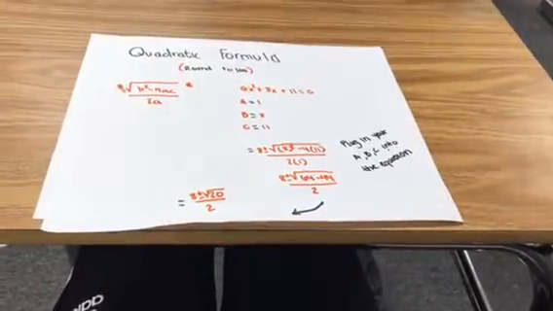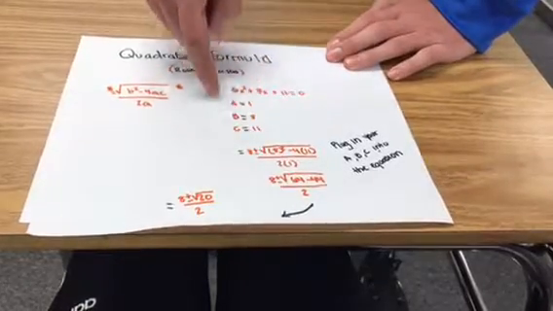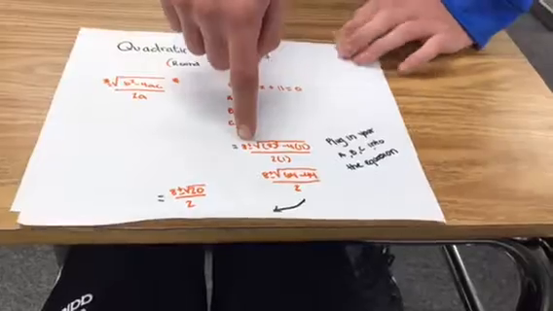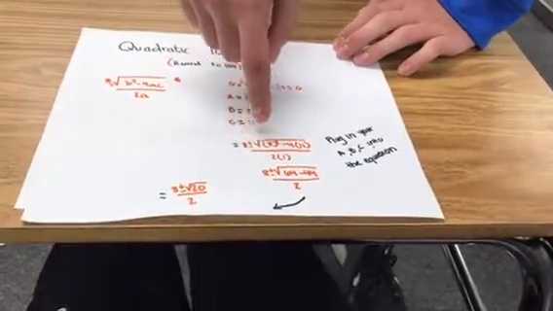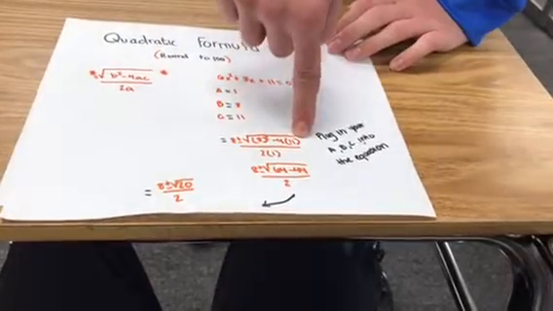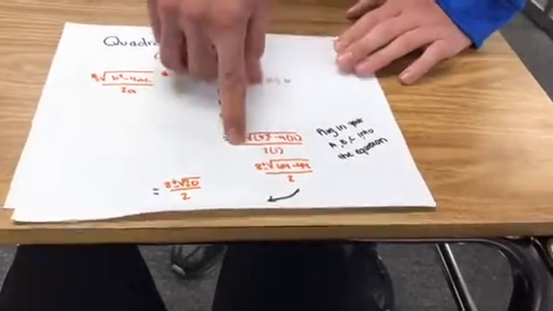Once you plug that in, you remember to refer back to this, and you have 8 plus or minus the square root of 8 squared minus 4 times 1 times 11, over 2.